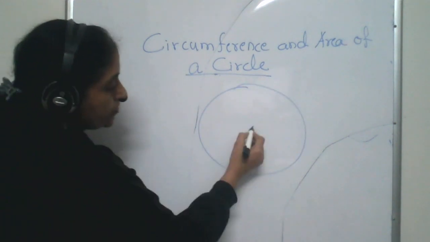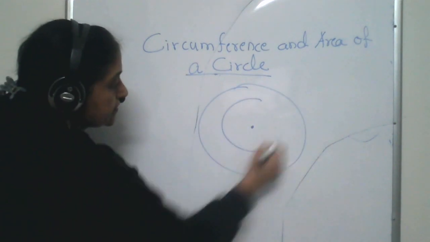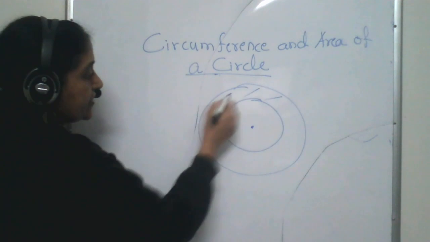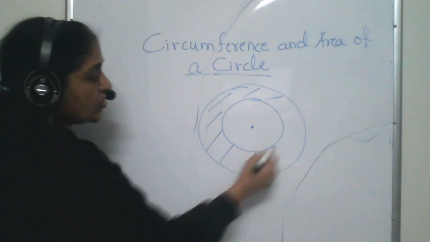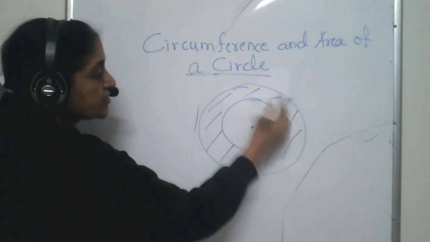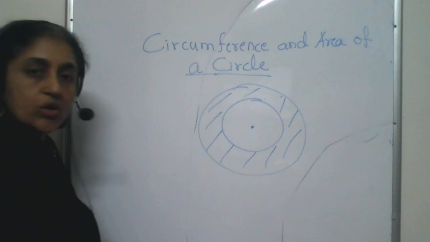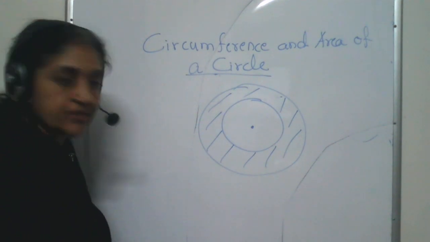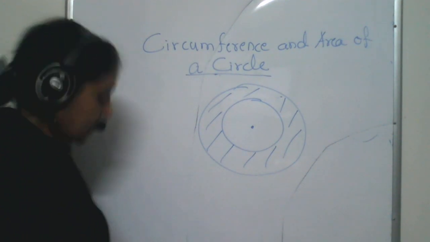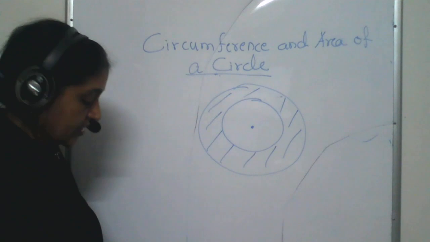Now if you have two concentric circles, then the area between them is called either a ring or an annulus. Both are the same, meaning they refer to the same area we are talking about.